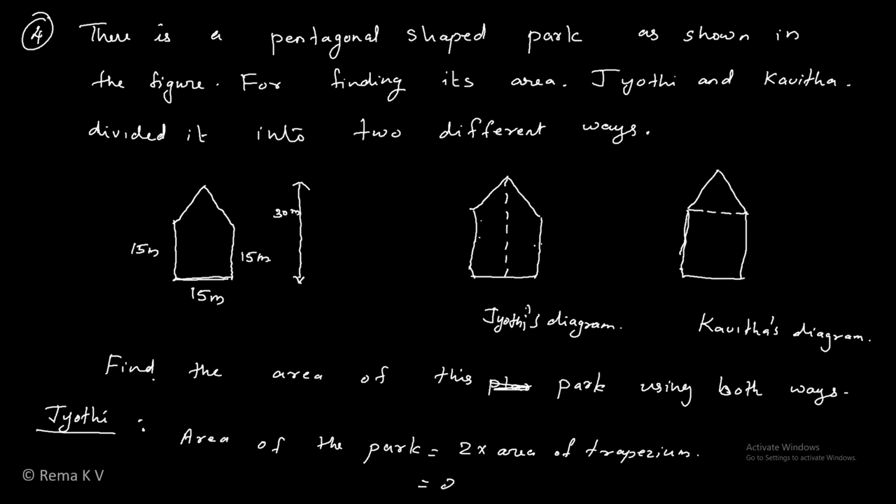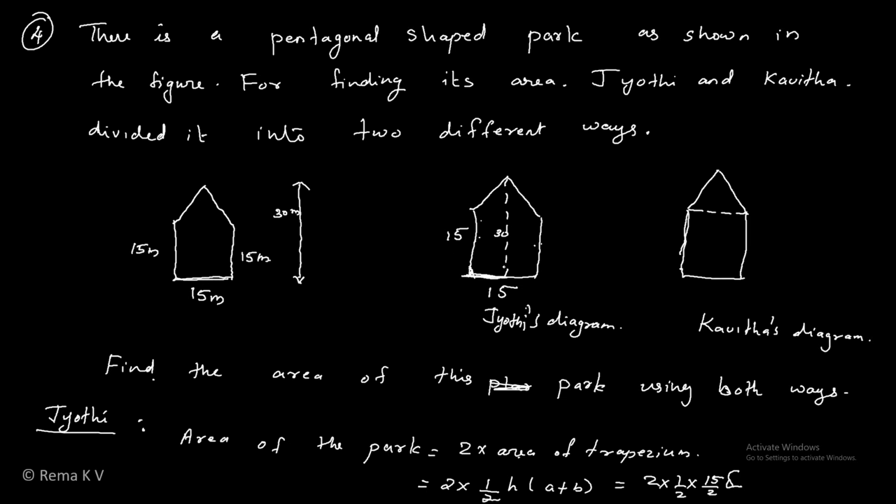So this is equal to 2 into area of trapezium is half h into a plus b. So this can be written as 2 into 1 by 2 into height here, this is the height, and it is half of total length is 15 and this height is 15 by 2. It is 15 by 2 into A is 15 and this is given as 30.